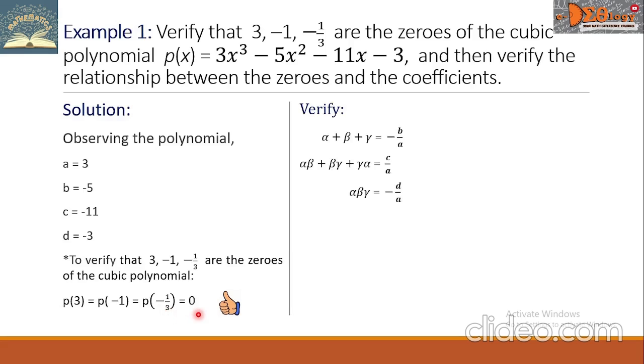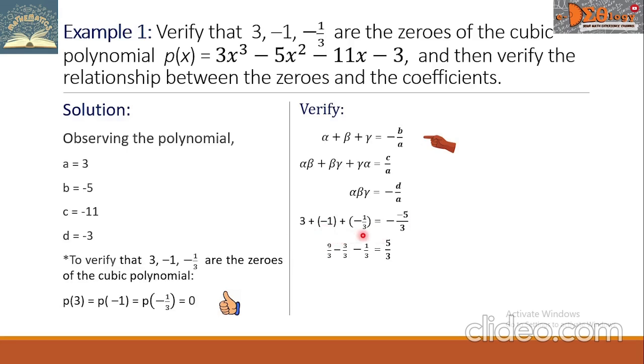Now, let us verify the relationship between the zeros and the coefficients. We have here the three relationships. Let's begin with the first. Substituting the corresponding values, we have 3 plus negative 1 plus the negative 1/3. Is it equal to the negative of b over a? And that is negative 5 for b over a is positive 3.